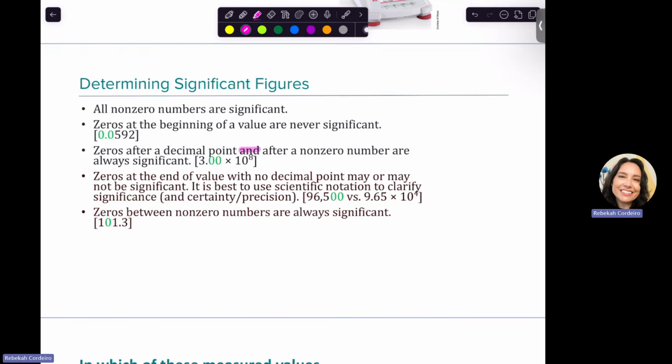So if these zeros here are significant, we would have to put a decimal here to show they're significant, or we could put them in scientific notation without the zeros there to show those zeros don't count. And zeros that are sandwiched between non-zero numbers are always significant.